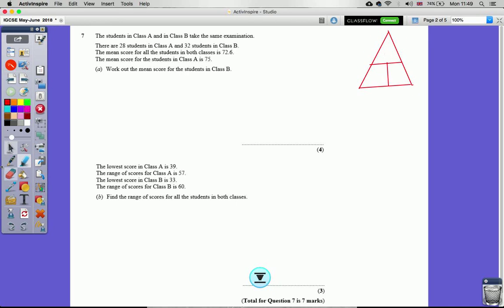I say the total, the number of values and the mean. So if you divide the total by the number of values, you get the mean. If you want to work out the total, you multiply the mean and the number of values.